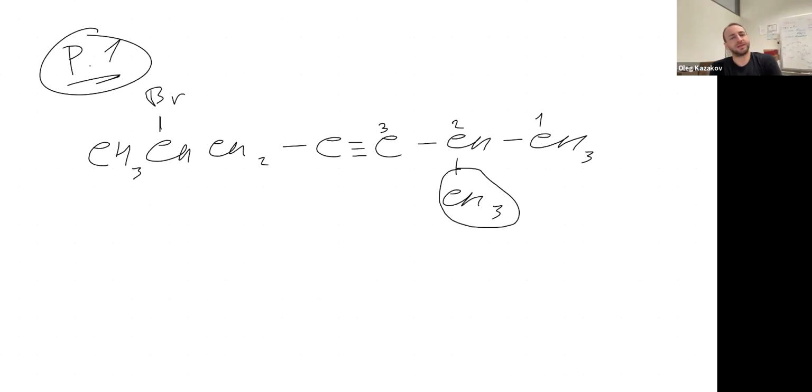So that's an easier case. The triple bond is not equidistant from both ends. I miscounted the carbons. It's closer to the right end of the main chain. Okay, anyway, we're going on. 1, 2, 3, 4, 5, 6, 7. Okay, 7 carbons in the main chain.